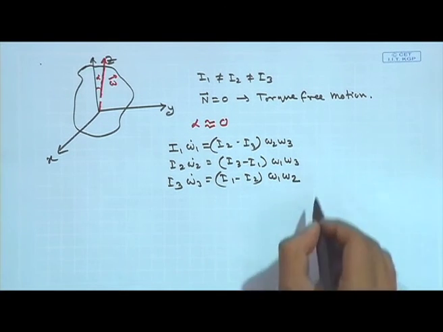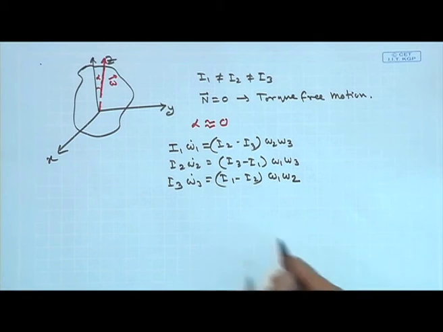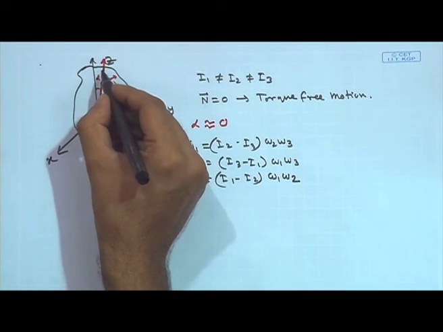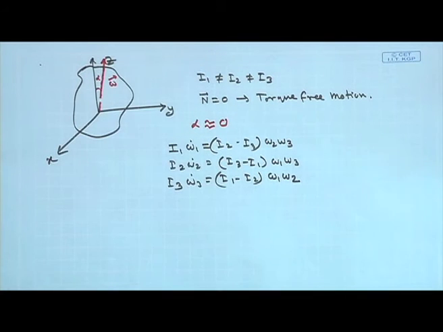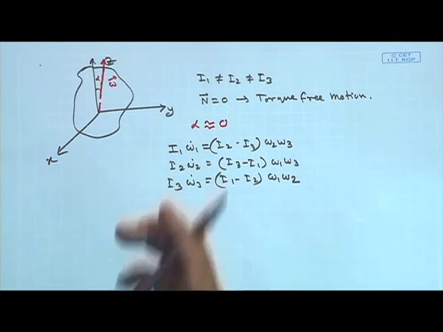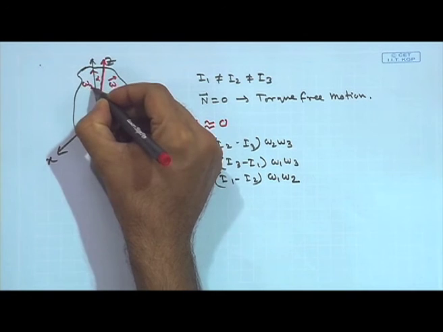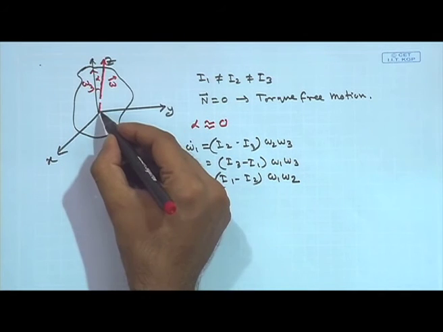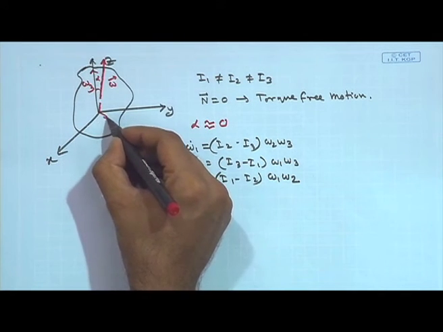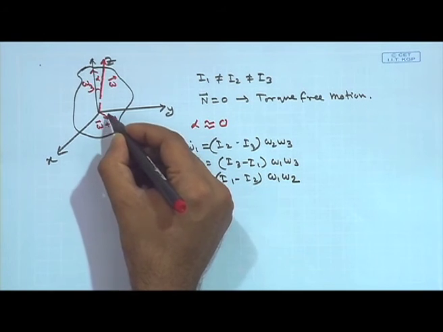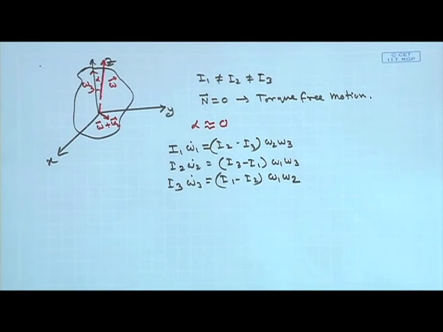Okay, so these three. Now as the angle is very small, of course if I can resolve the angular velocity into three components, what we will get is the following. We will have an omega 3 which is in the z direction, and we will have an omega 1 plus omega 2 that will be somewhere in the xy plane.